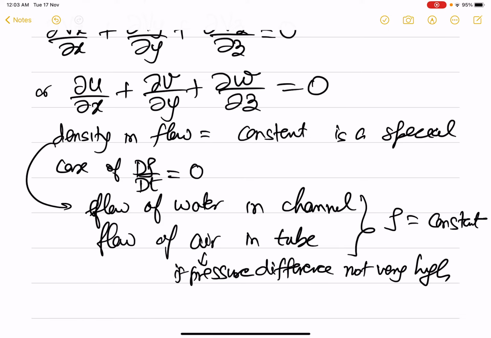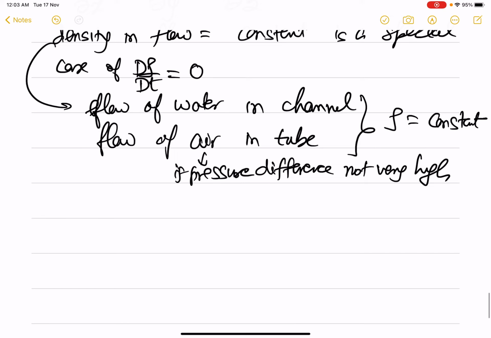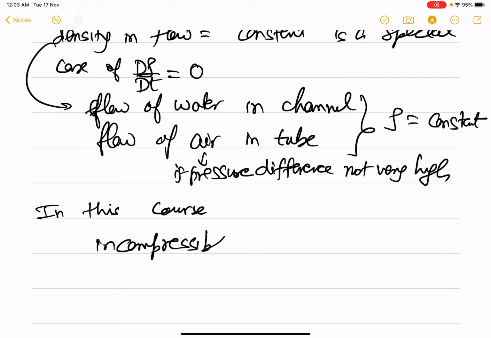But in this course, we will assume incompressible will imply that density everywhere in the flow is the same, it is constant.